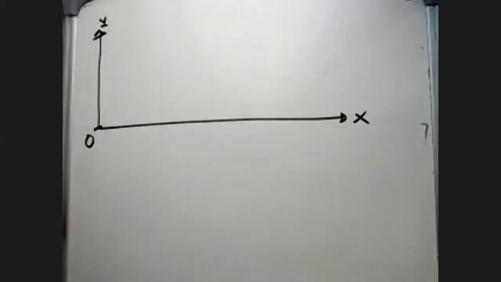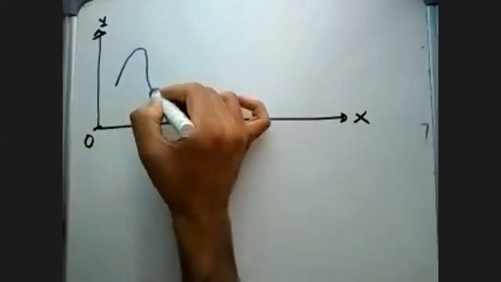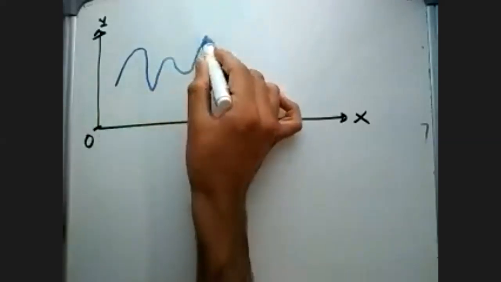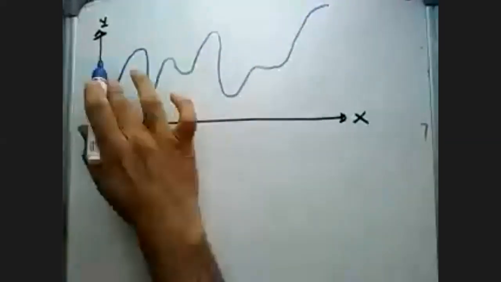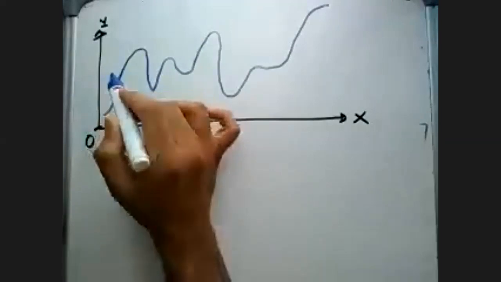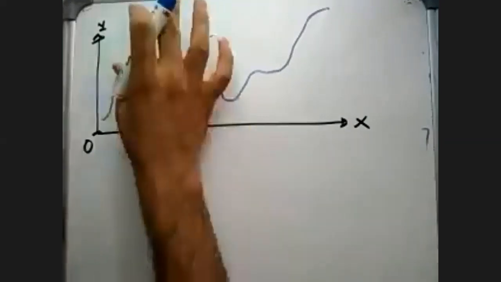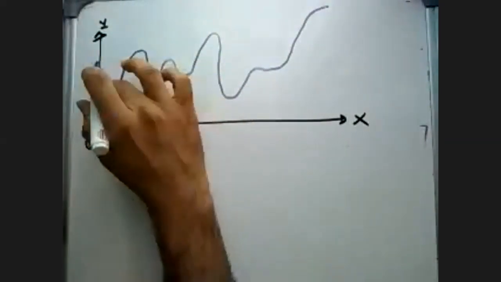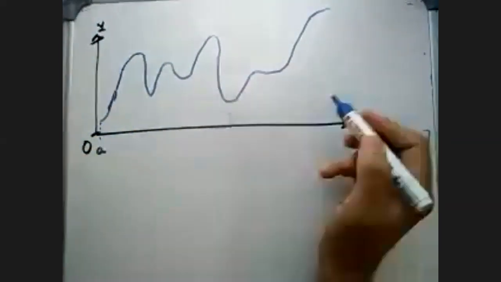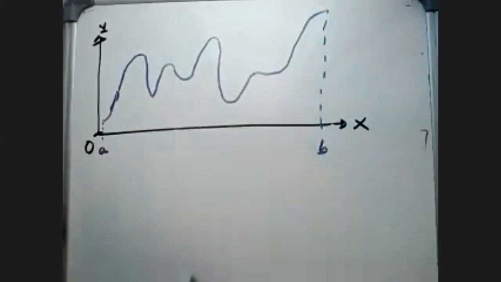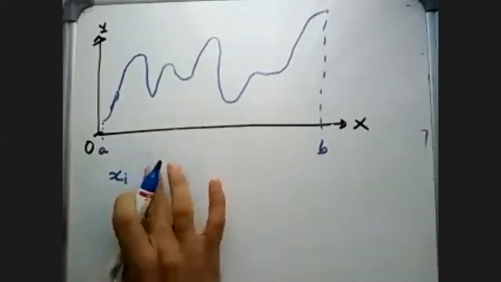Now see, suppose my graph of function is something like this. So if you observe all the different points over here, suppose I am observing the graph of this function in the interval a to b. This is my value a, this is my value b. Now I am observing all the xi's between a to b, or in the open interval a to b.